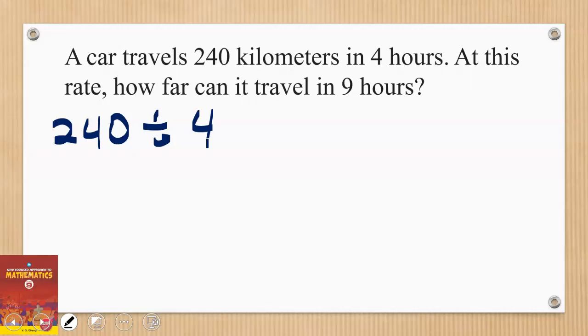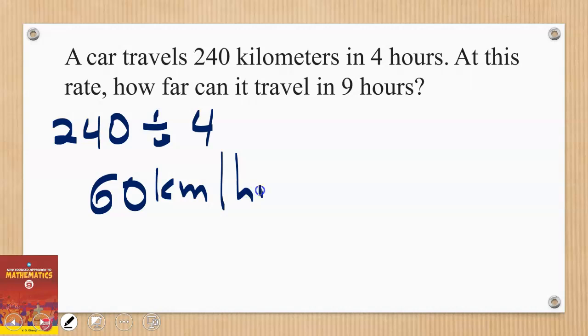Now, if you divide 240 by 4, we know that is going to give us 60. That means for every 1 hour, the car can travel 60 kilometers.